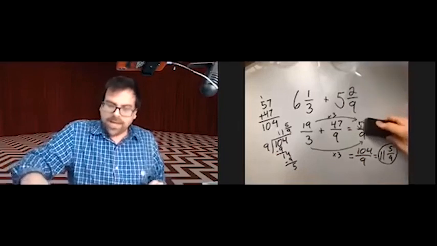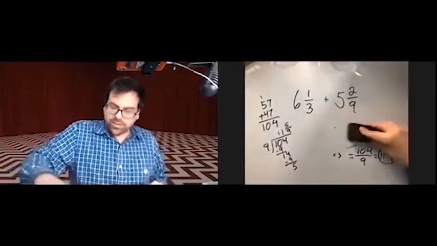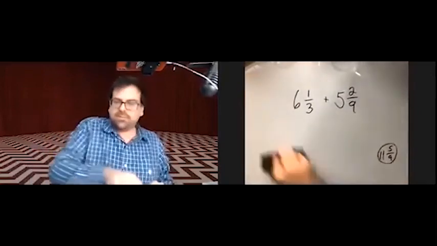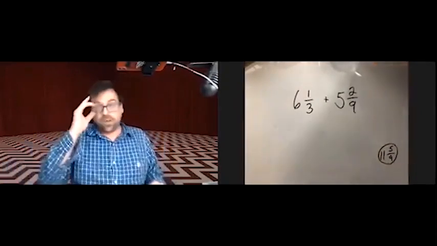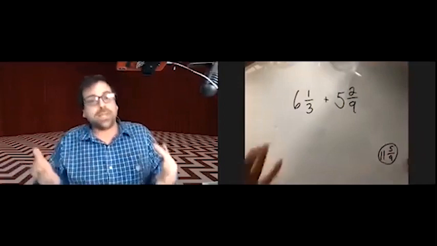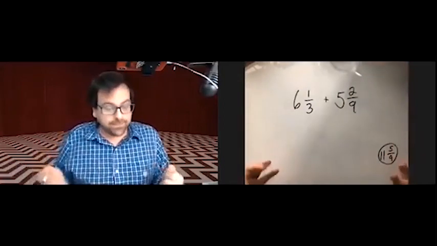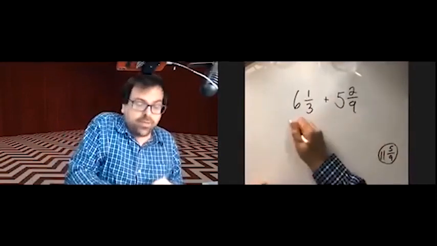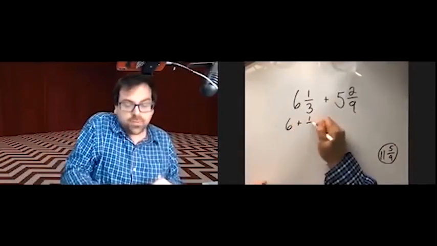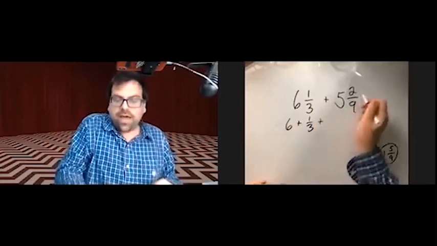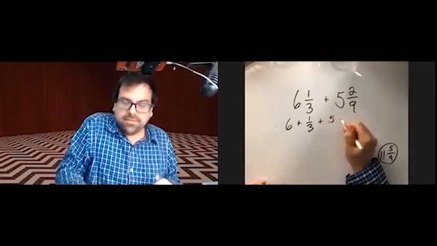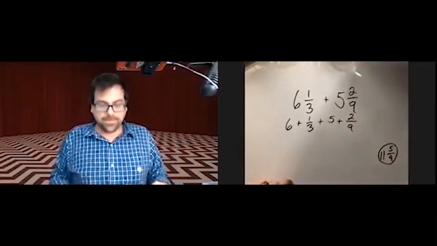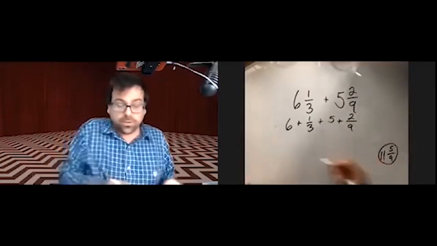But my point in the beginning was with addition and subtraction of mixed numbers, we don't have to go that route. With multiplication, we would get the wrong answer. But keep in mind that a mixed number, 6 1/3 means 6 plus 1/3. 5 2/9 means 5 plus 2/9. And we can add in any order.